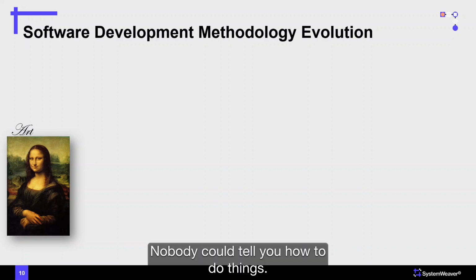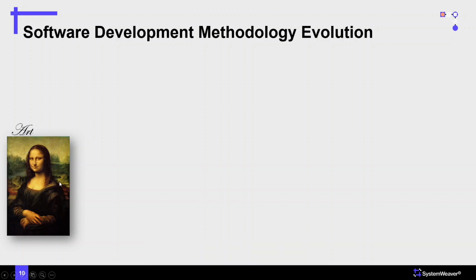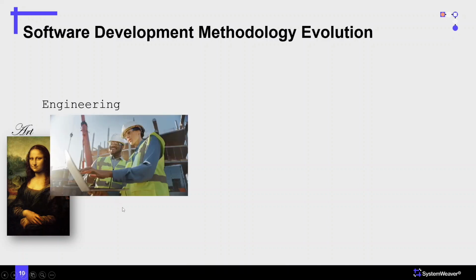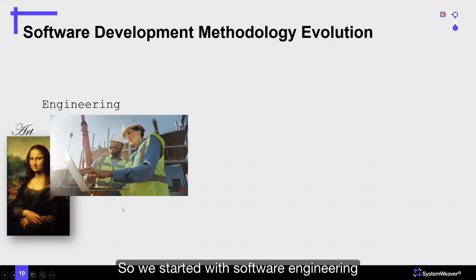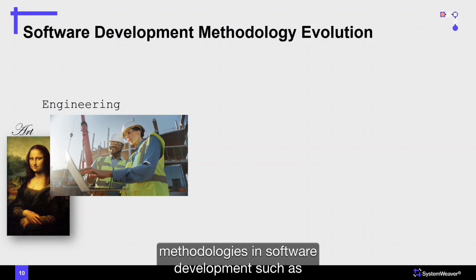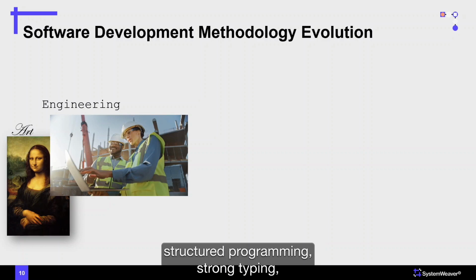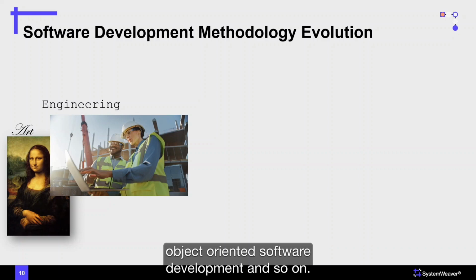Nobody could tell you how to do things. As systems grew, this became a problem because it did not scale. So we started with software engineering methodologies in software development, such as structured programming, strong typing, object-oriented software development, and so on.